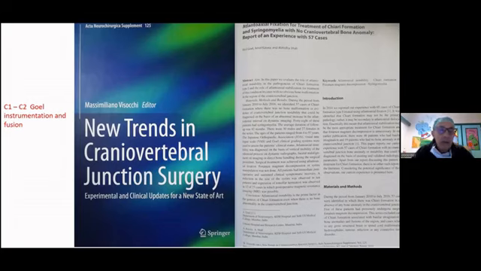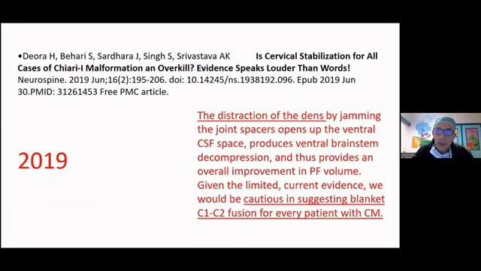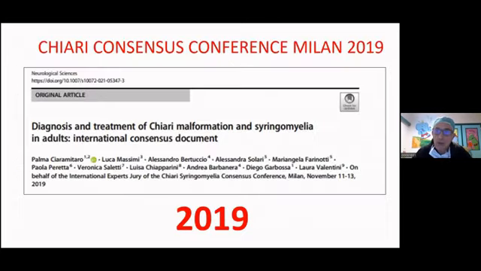Atul Goel is in favor of C1-C2 instrumentation and fusion, and Kharushin suggested to consider C1-C2 fusion 100% indicated in the treatment of basilar invagination.